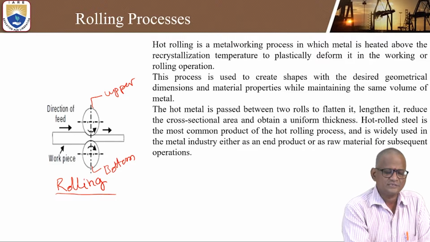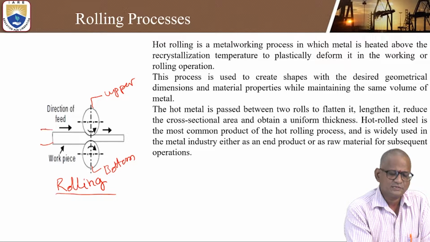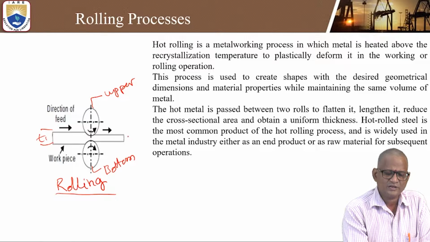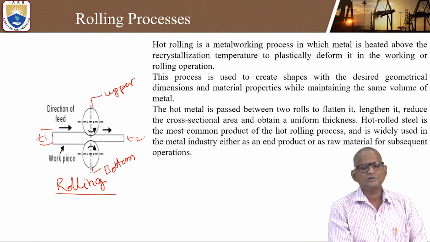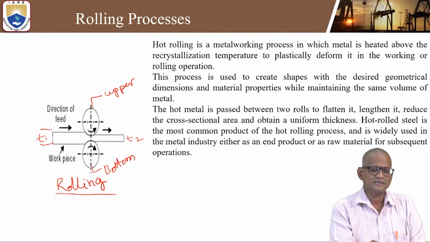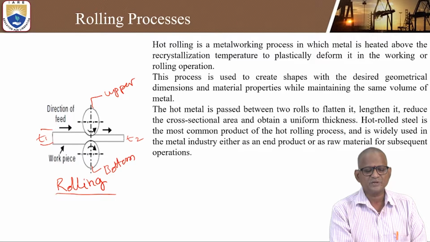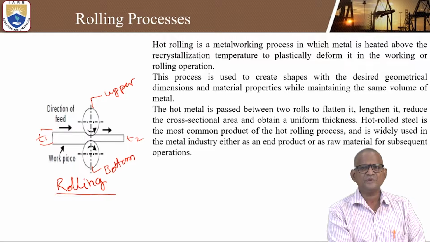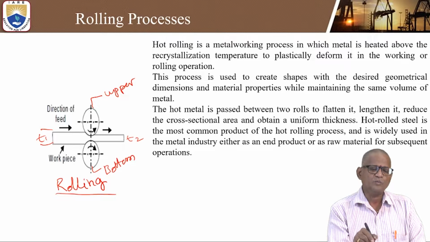So this is the initial stage, with starting thickness T1 and final thickness T2. This shows the transformation of the original thickness to the final thickness. In this rolling process there are two rollers, the bottom roller and the upper roller, and they rotate in opposite directions.